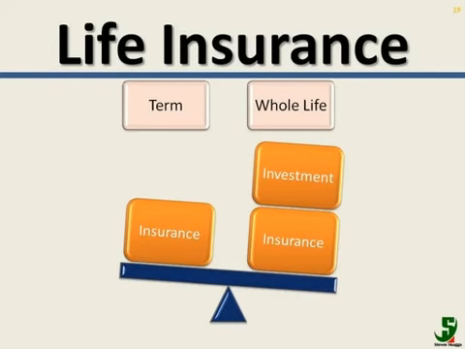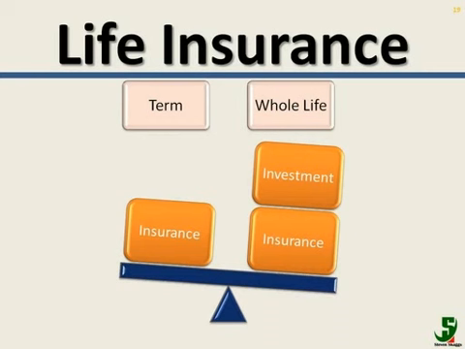Unlike term insurance, where your premiums simply pay for your coverage or risk shifting, a whole life insurance policy has a cash surrender value, or cash value that is the value you would receive if you canceled the policy before you die. You can cash out the policy and receive that cash value before you die.